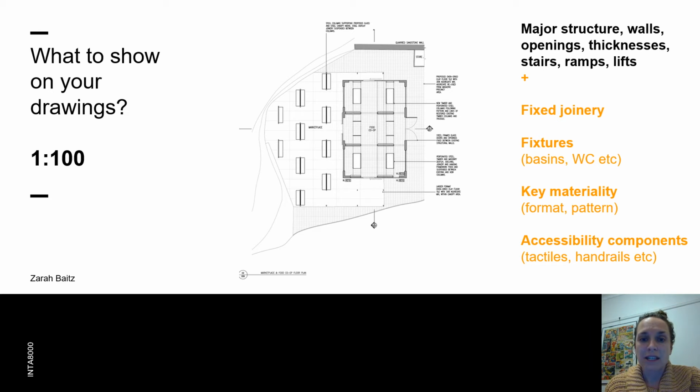And accessibility components. So in the 1 to 100s, you'll start to see tactile indicators and handrails, for example.